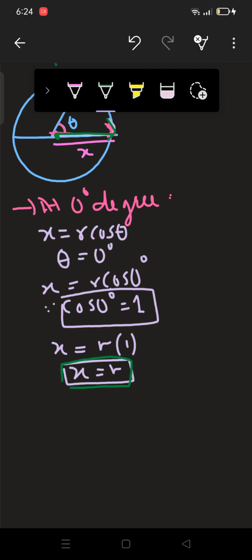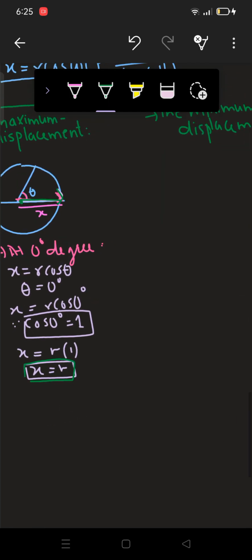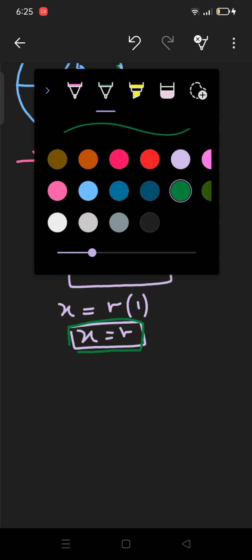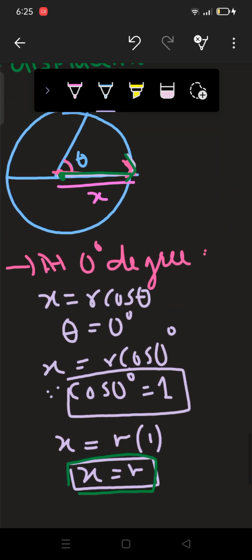The maximum displacement would be when the displacement of the shadow, or the projection of the particle, is equal to the radius of the circle on which the particle executes uniform circular motion. So this was the maximum case. Now see, would the maximum case be at the mean position or at the extreme position?